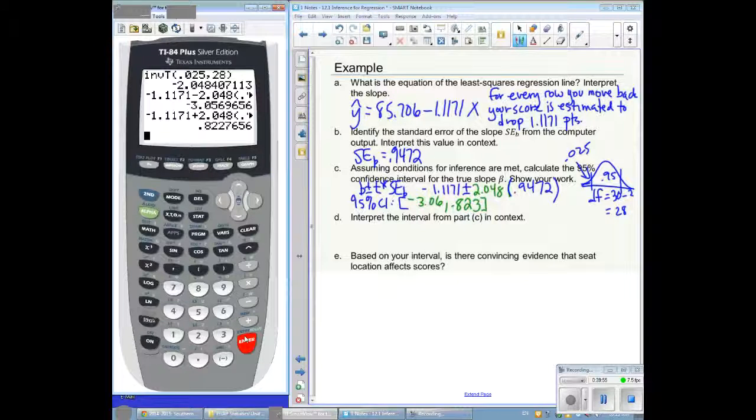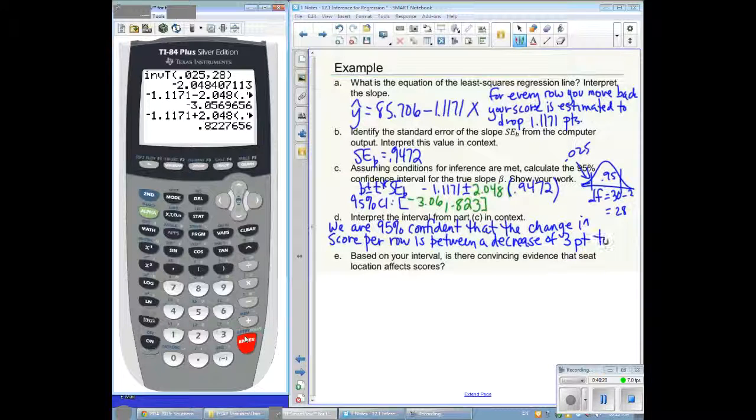So let's write that down so you know how to write it. And I'm just going to kind of round a decrease of 3 points to an increase of 0.8 points.